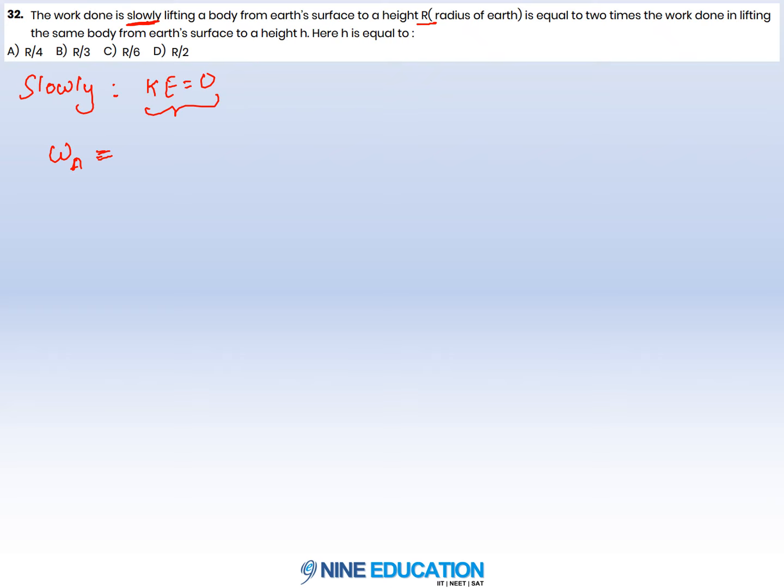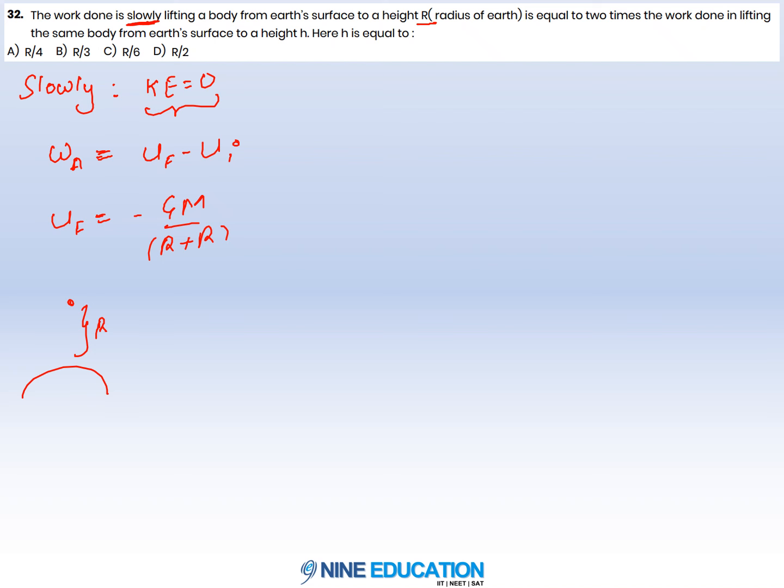Since we are calculating the work done by the external force, it becomes final potential energy minus initial potential energy. So if you remember, the final potential energy when height is r plus r becomes minus GM upon r plus r, because the object is taken from earth's surface to the distance r.